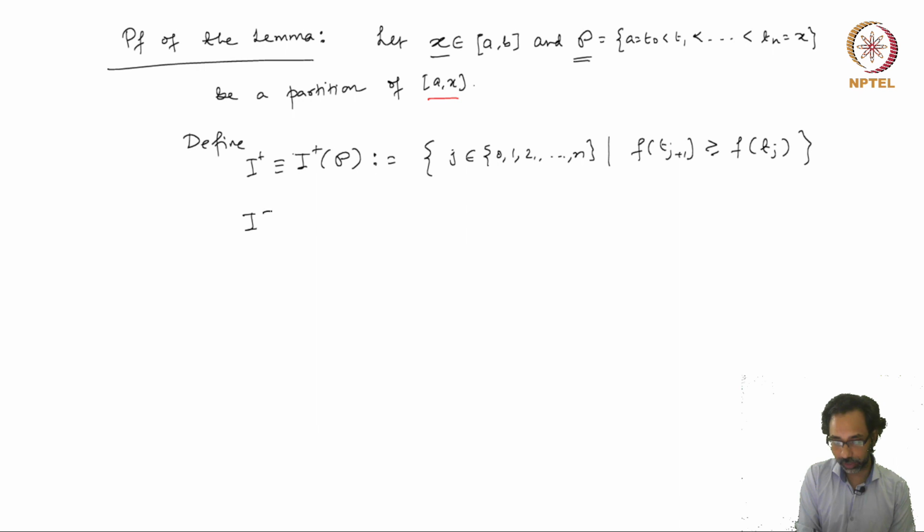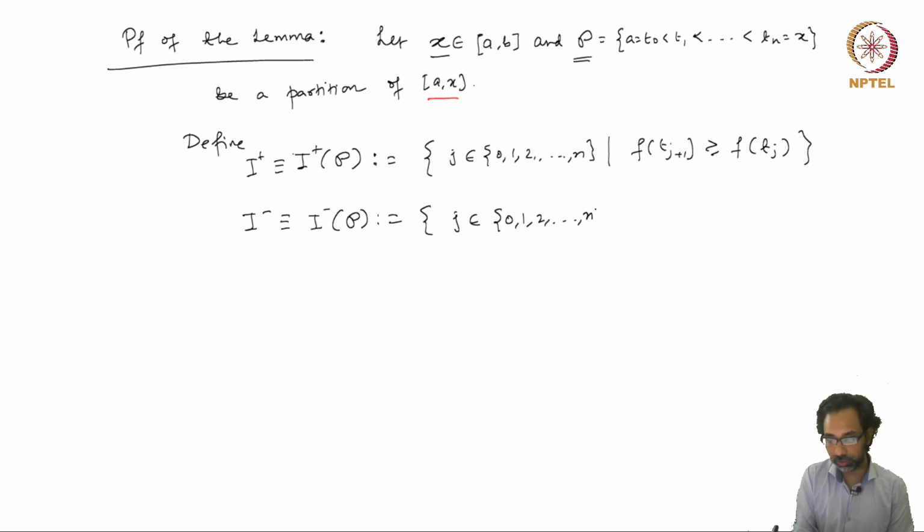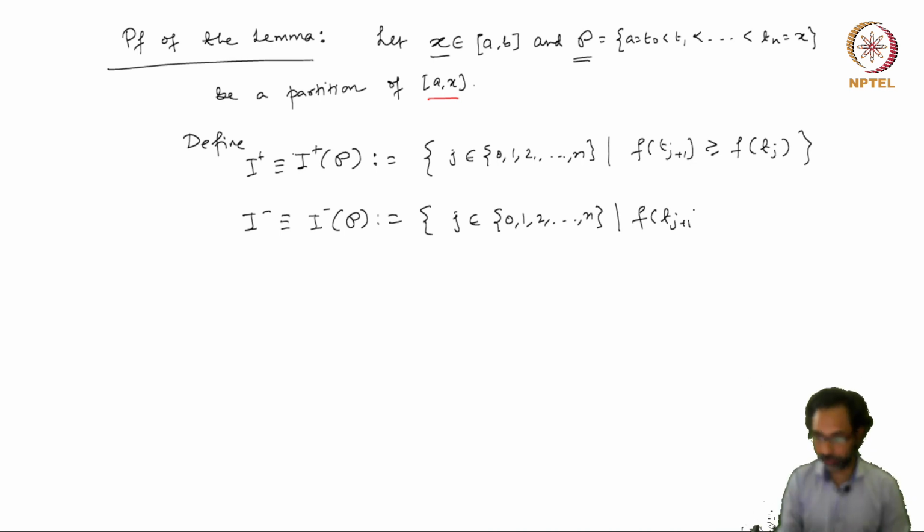Similarly, I minus of P is the collection of all indices j such that f(tj+1) is less than or equal to f(tj). This means that f takes lower values at the right endpoint than at the left endpoint.